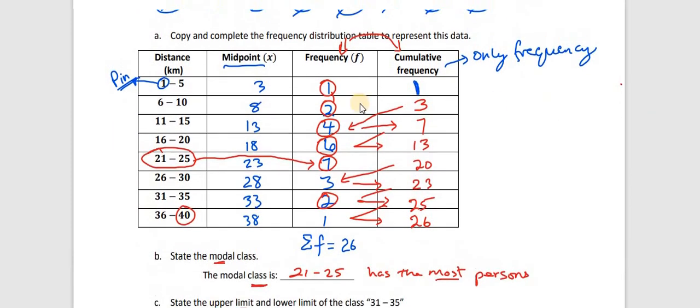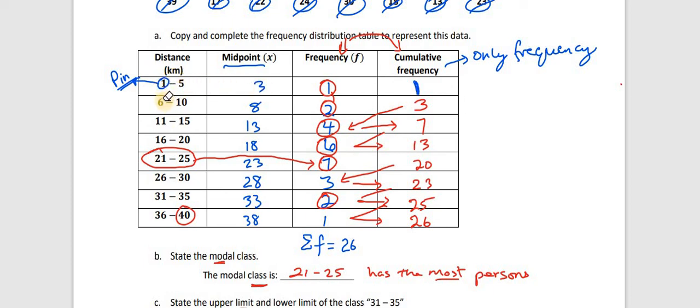So what we do basically, since we have them grouped in classes, rather that we just take one number to represent each class. So the midpoint is just representing the class 1 to 5. So the persons who walk from 1 to 5 kilometers, we'll just do an average and say that these persons walked 3 kilometers.